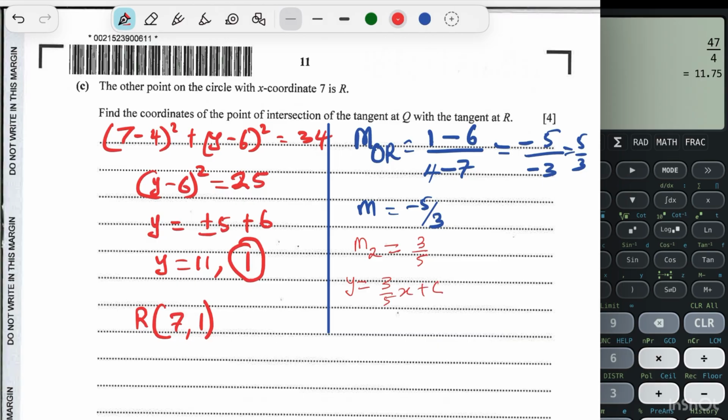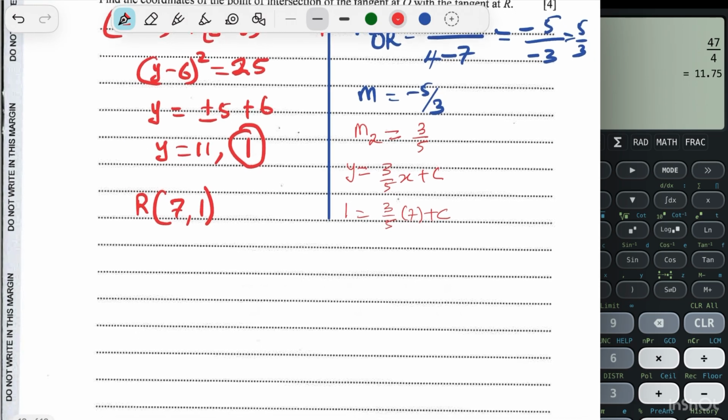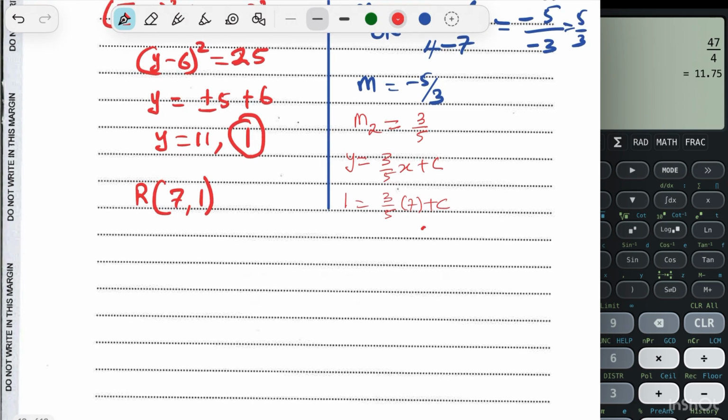And you know it is passing through 7, 1, right? So I will substitute 7 and 1. So 1 is equal to 3 over 5 times 7 plus c. From here, I will just get c as 1 minus 21 over 5.